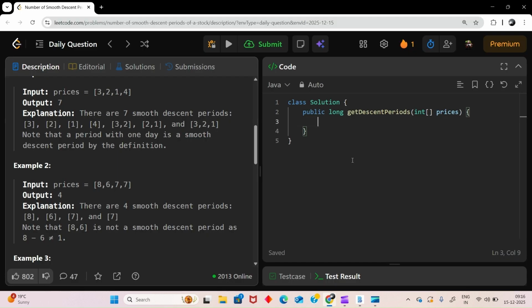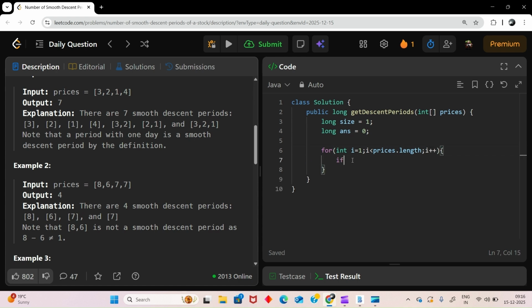So first, the answer we have to write in long. Initially size should be 1. Long answer is equal to 0. So what we'll do, for int i is equal to 1, i less than prices.length, i plus plus.